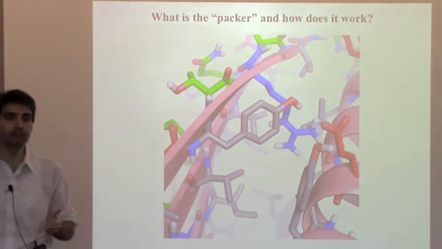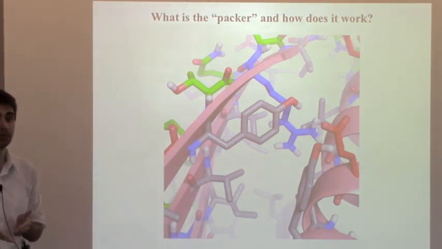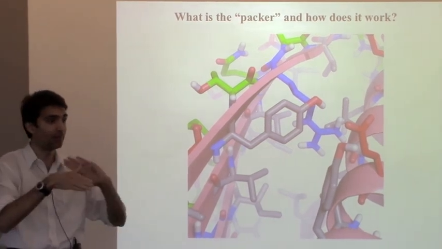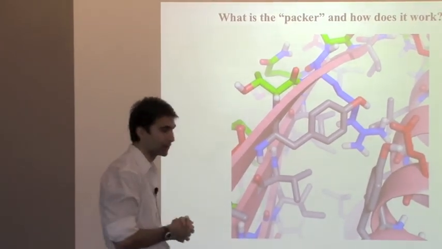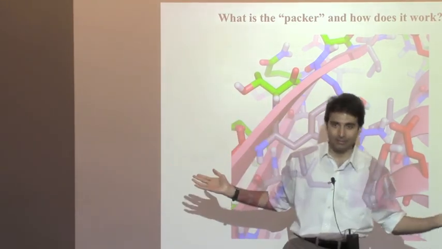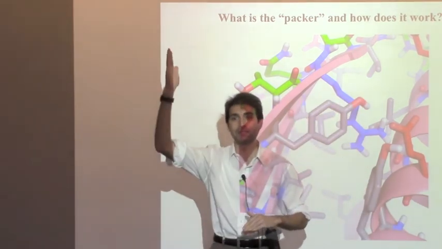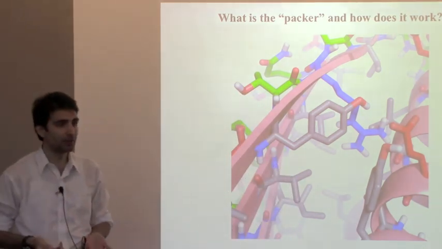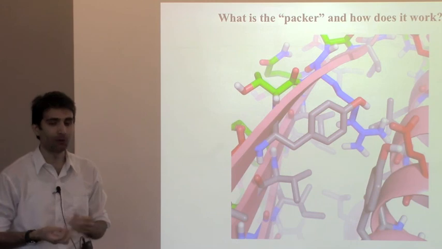If you had n positions and you had m possible rotamers at each position, you'd have m to the power of n different combinations of all those rotamers, which is a number that explodes as the number of residues goes up. It doesn't scale in polynomial time. It's a hard computational problem.